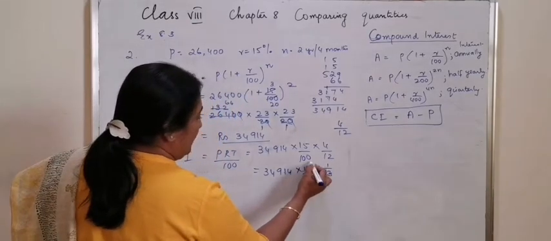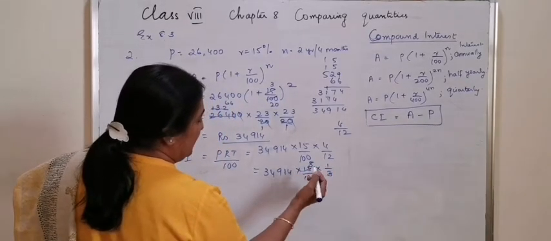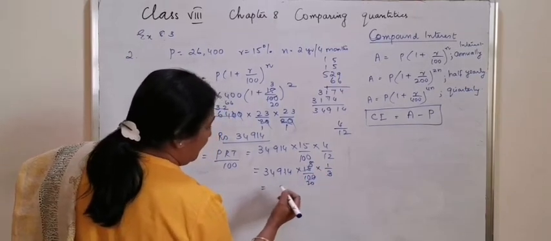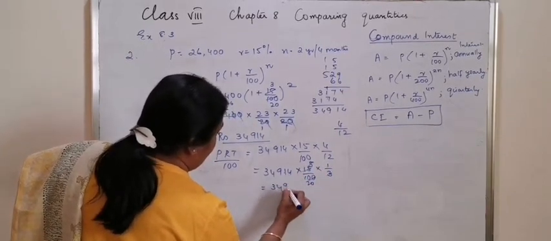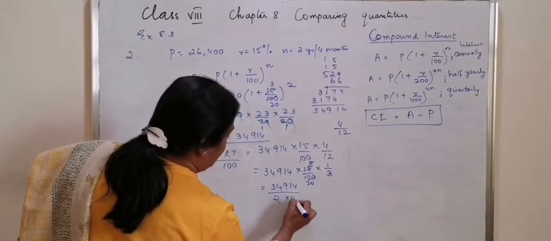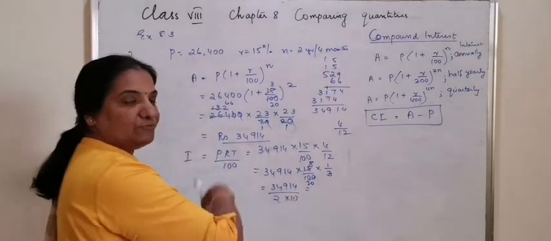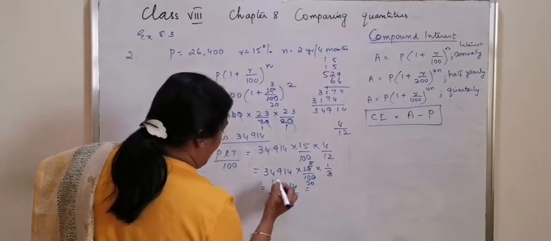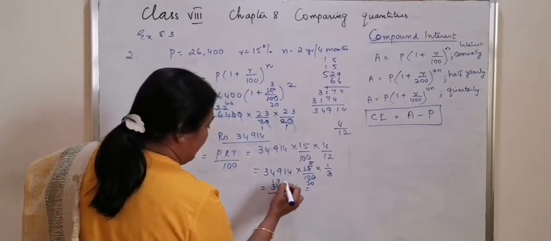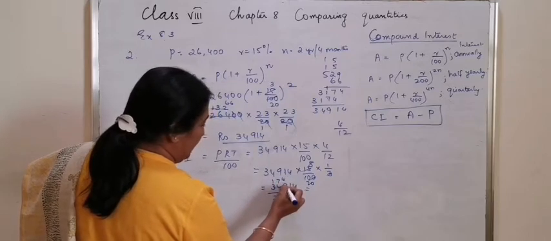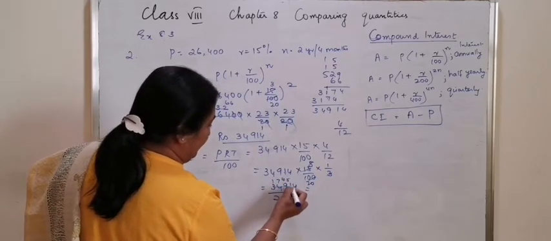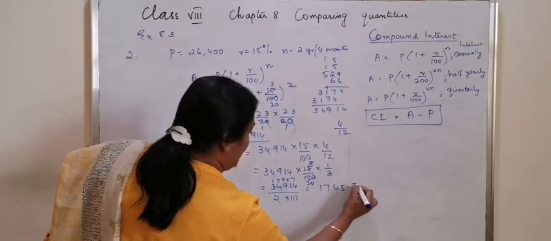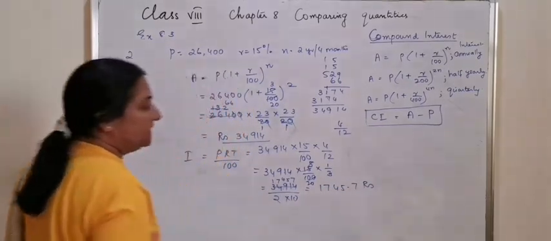So it is divisible by 3 also, by 20, or by 2 into 10. The 10 we will use for shifting the decimal place. It is 1, 7, 2 4s are 8, 5, 10 and 17. So 1,745.7 rupees is the interest.